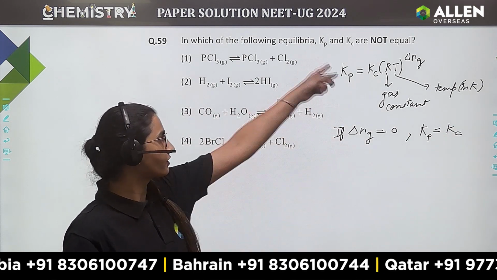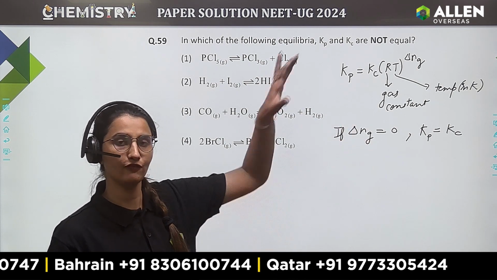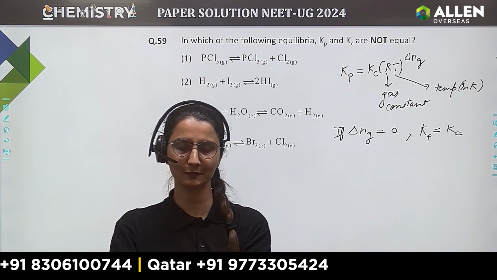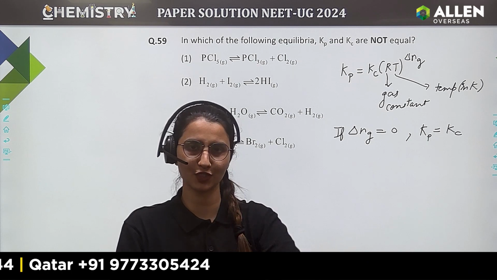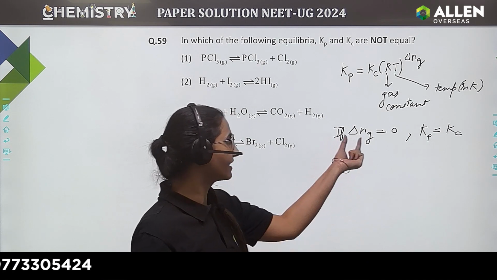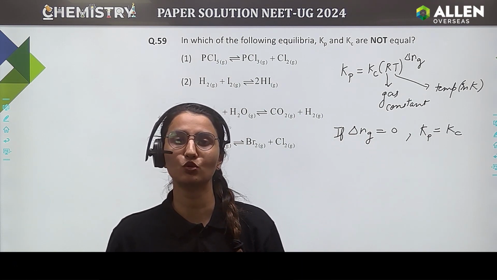So the catch for this question: can we quickly check in which of these options delta Ng is 0? Then Kp will be equal to Kc. Now, if someone among you is thinking, what is delta Ng? Students, delta Ng is the change in gaseous moles.